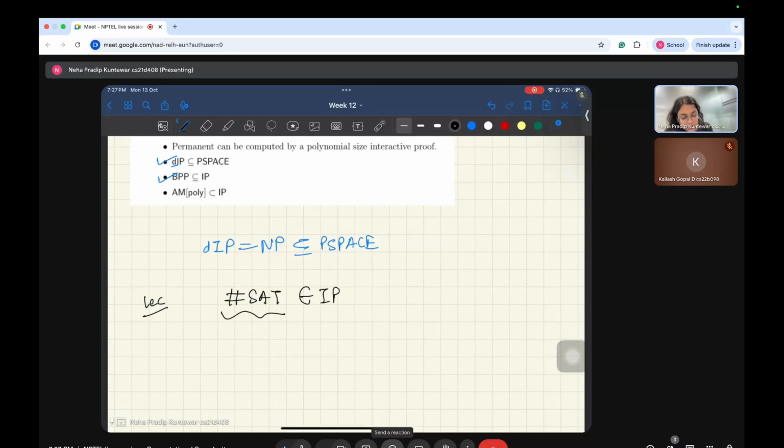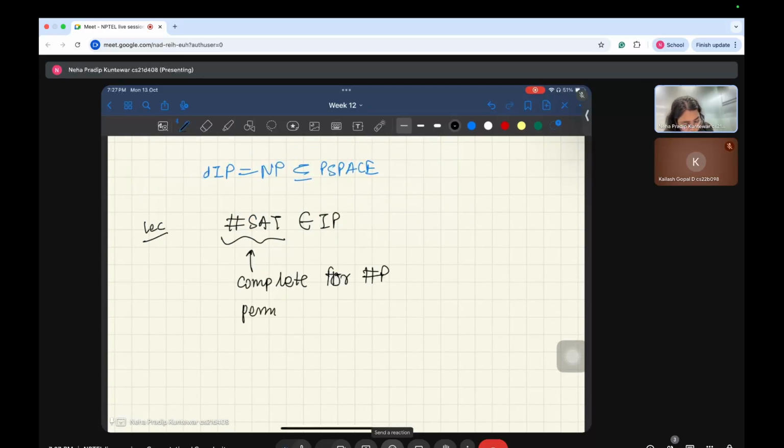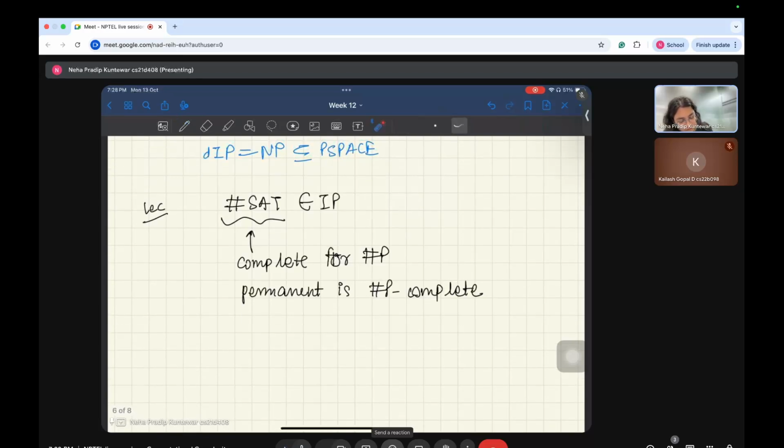We also know that SharpSAT is complete for sharp P, and permanent is also sharp P complete. We've seen the reduction between permanents and counting the number of perfect matchings.